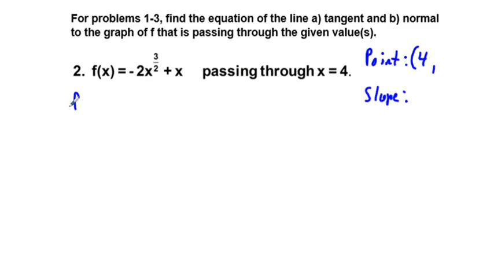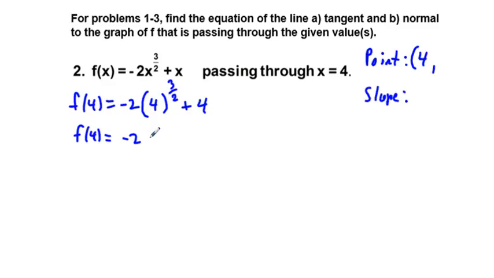So we're going to put f of 4 is equal to negative 2 times 4 to the 3/2 power plus 4 for x. And so what we have here is f of 4 equals negative 2, and we have the square root, this 1/2 power.